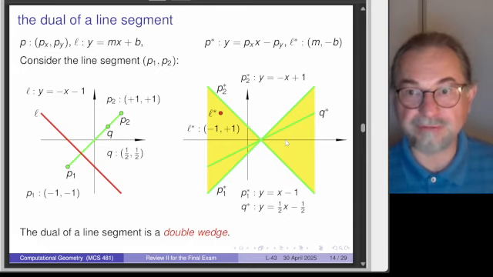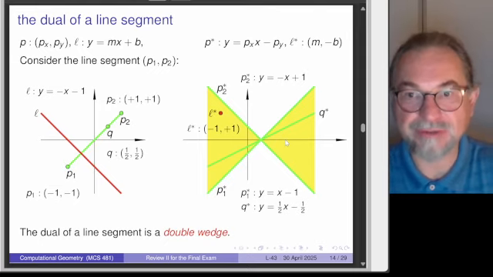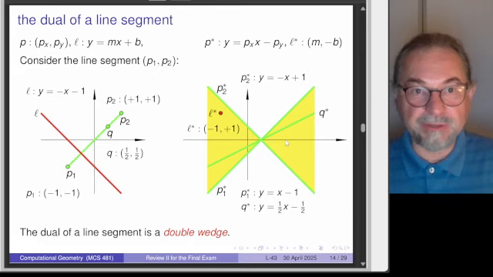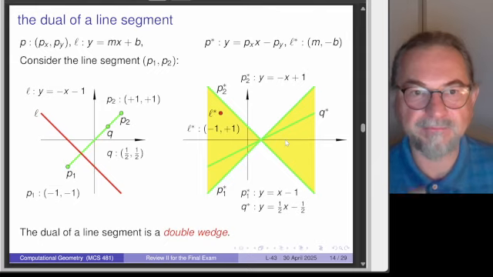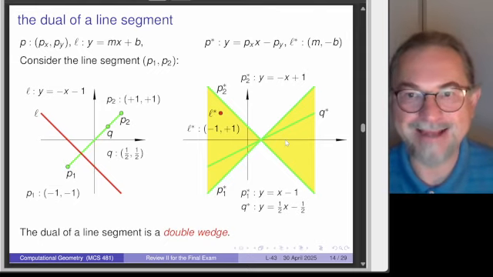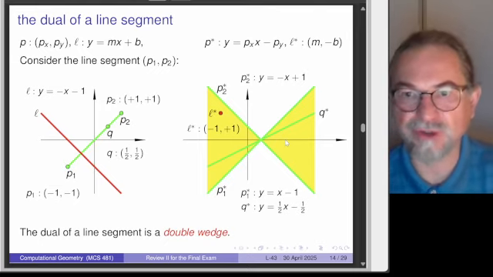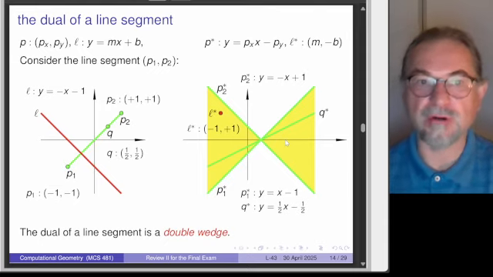Let's go to arrangements of lines. We introduced arrangements of lines with a problem from computer graphics related to the computation of the intensity of pixels, which we then solved by duality. In passing, we defined the duality of a line. Here you see the dual of a line. L has slope m and intercept b. Then the dual of this line is the point where the first coordinate is the slope, and the second coordinate is minus the intercept of the original line.